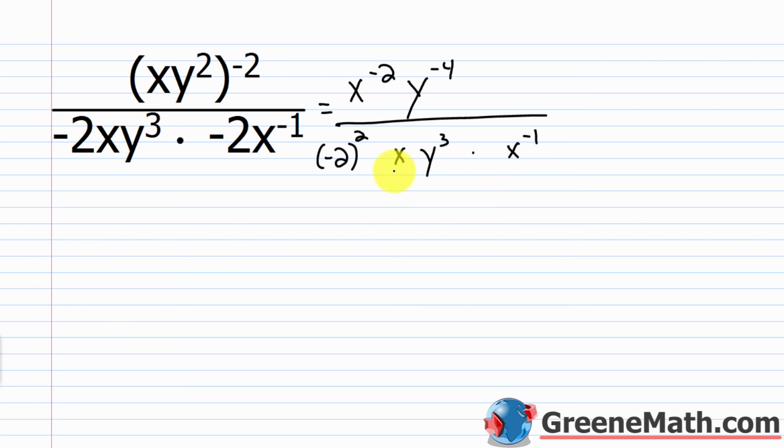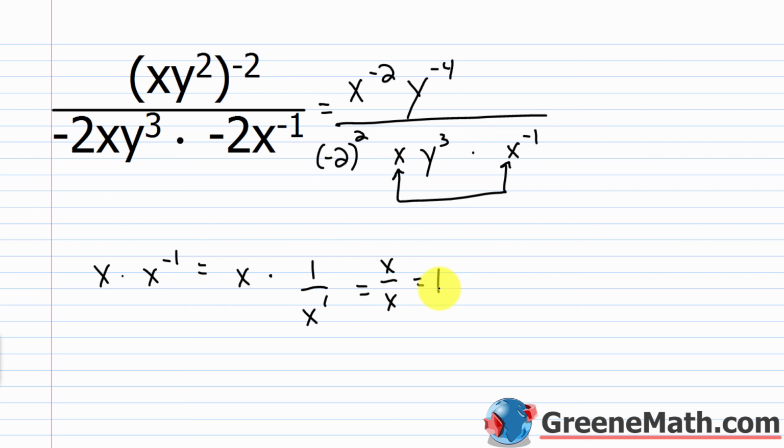Now, this can be combined with this. x to the power of 1 times x to the power of negative 1 is what? Well, remember, x to the power of negative 1 is 1 over x to the first power. So really, what this becomes is x over x, which is 1.